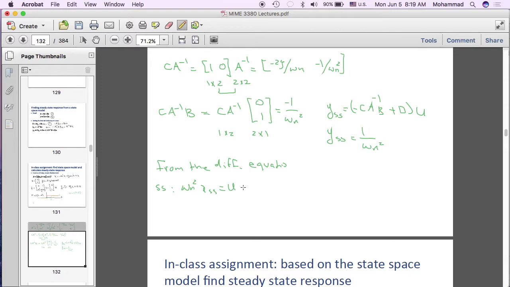So if u is 1 for a unit step, that gives you that x steady state. Here, x steady state is position. And the way you can tell is that there is no underline. So it's a scalar, is 1 over omega n squared, which is what we found here. And if you do the same thing for a transfer function of the exact same system, you'll find the exact same answer.